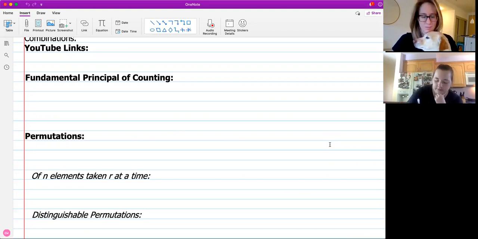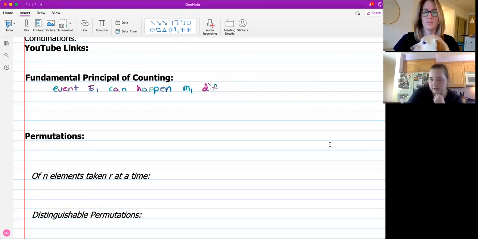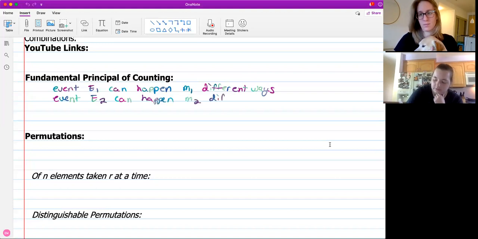If you have an event E1 and it can happen M1 different ways, and then we have event E2 and it can happen M2 different ways, then the number of ways that this can happen is multiplying those two m's together.